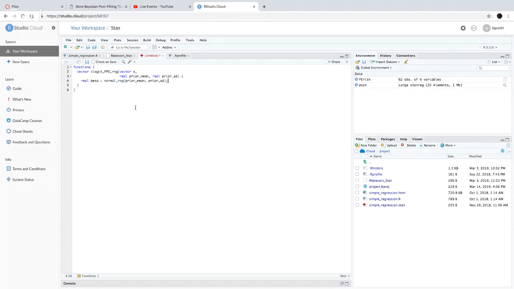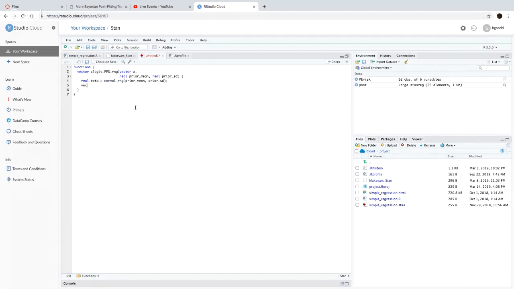You have to specify all arguments by position. That's why it's good to use informative symbol names. But you do have to be careful to put things in the right order. So if I switch prior mean and prior standard deviation around, I would be drawing from a prior that I didn't intend.